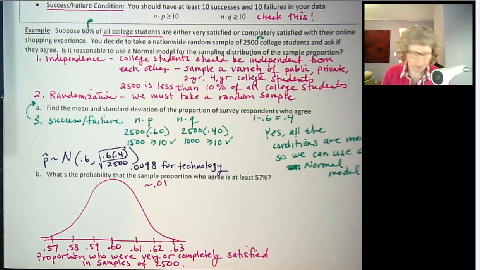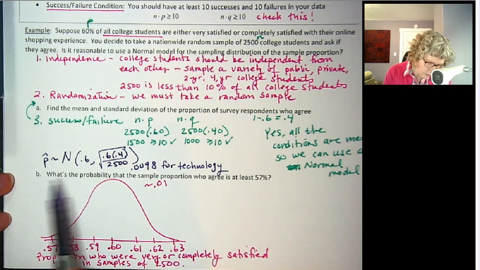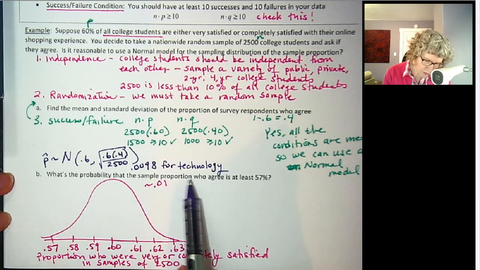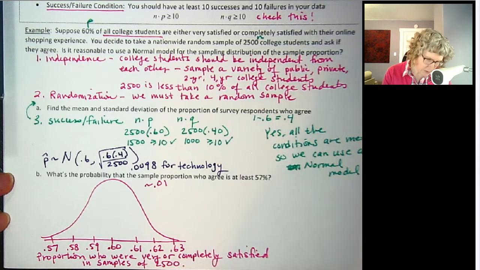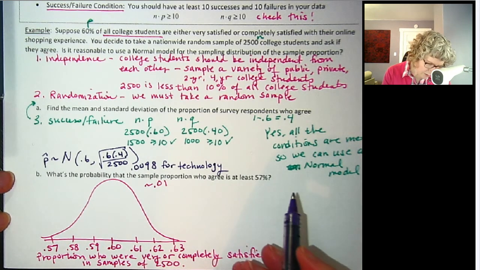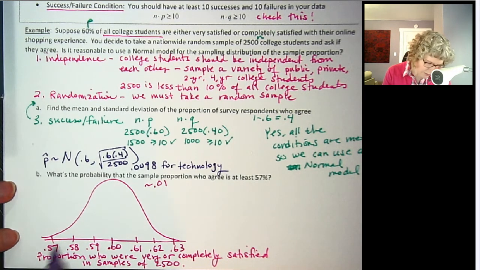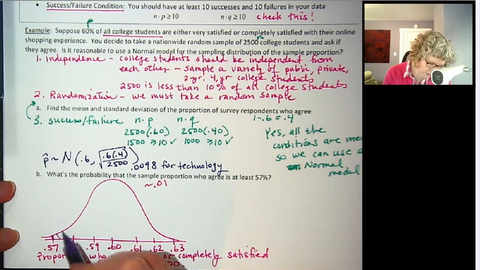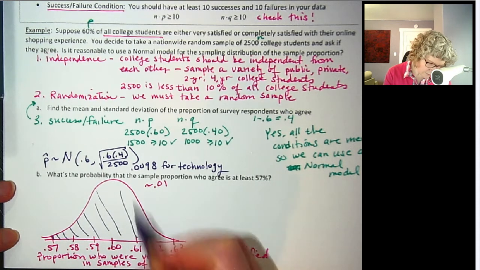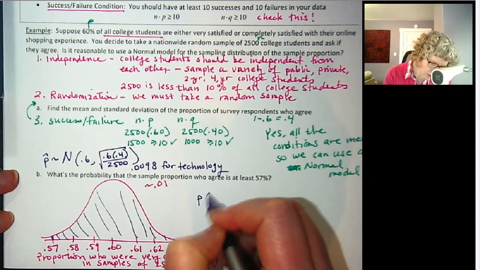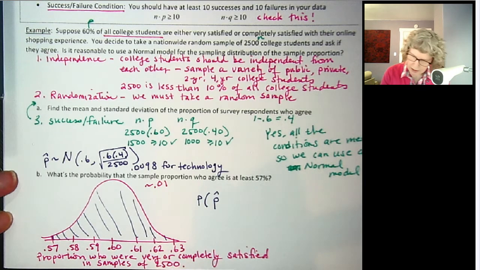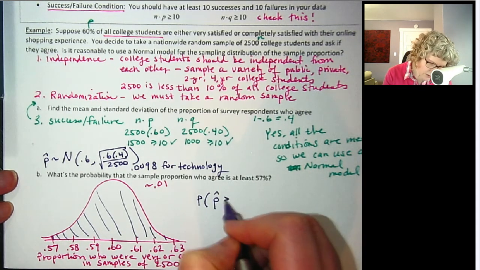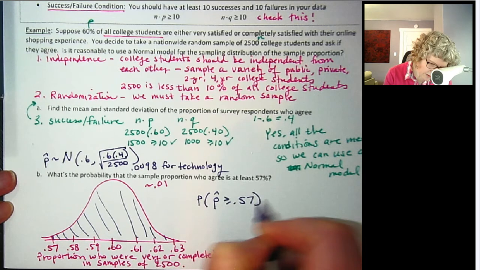Okay, so now we can put this into online statbook and find a probability. What's the probability that the sample proportion who agree that they're very satisfied or completely satisfied is at least 57%? Wow, this is going to be pretty big, right? Because 57 is down here. So this is going to be all this. The probability that the proportion, p hat, is greater than or equal to 0.57.